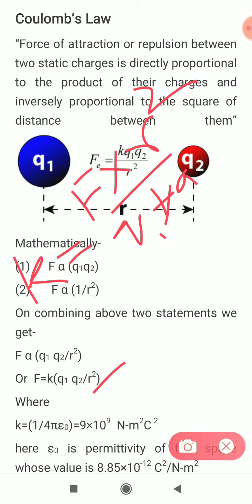If you put in the units of these terms, F is expressed in Newton and r in meter, so you get Newton meter square, divided by the charges q1 q2, which are expressed in Coulomb. So Coulomb into Coulomb becomes Coulomb square. So the unit of k is Newton meter square upon Coulomb square.